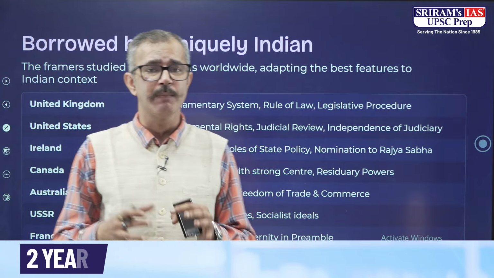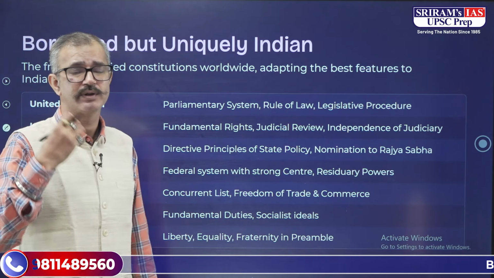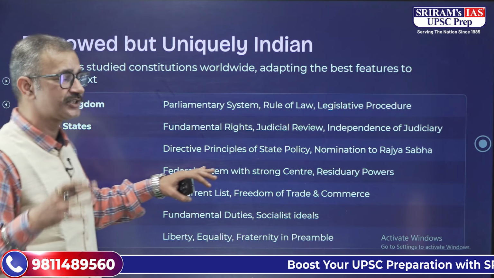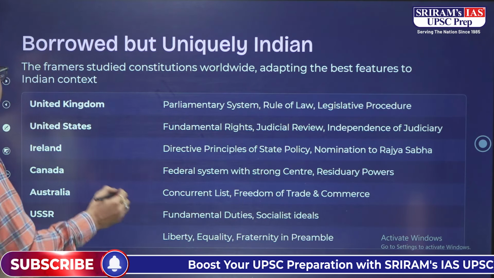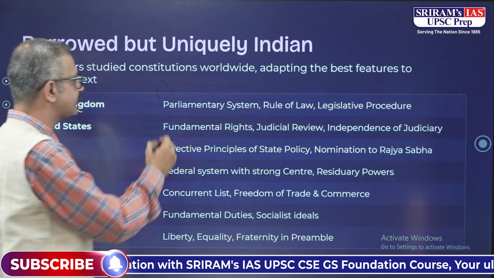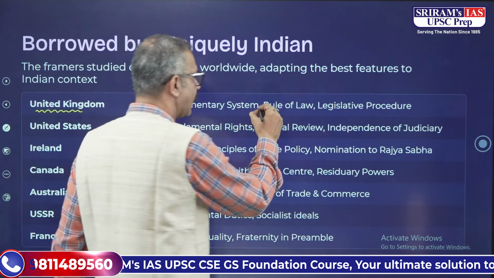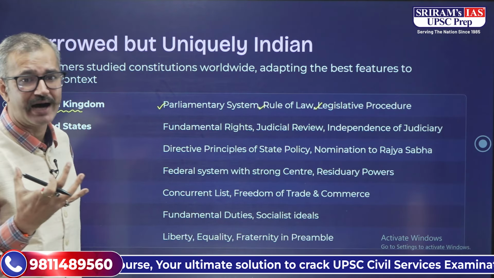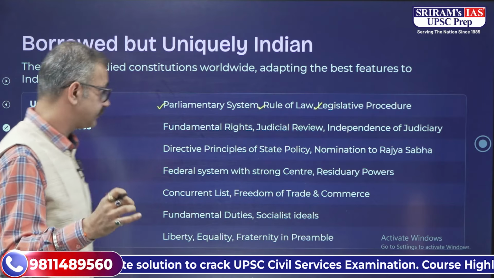Now, when it comes to the borrowed principles, I have already told you what borrowed features we have taken from different constitutions. From the United Kingdom, we have taken the Westminster model, that is, the parliamentary system, along with rule of law and the legislative procedure, how a bill is passed and becomes an act.